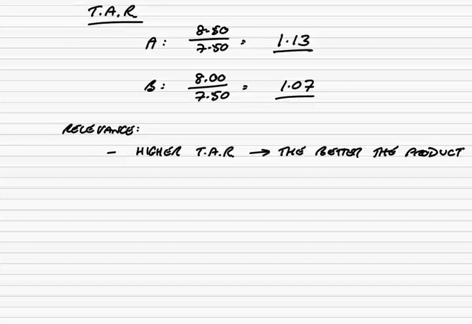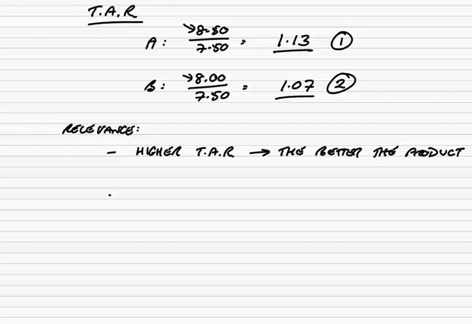We already knew that A was best, B was second best, because of the return per factory hour. But automatically, looking at the throughput accounting ratios, A is the highest, that was the better of the two. B was the next highest. Well, we produce A first, any hours left over we produce B, and if there were more products, we'd carry on down the line.